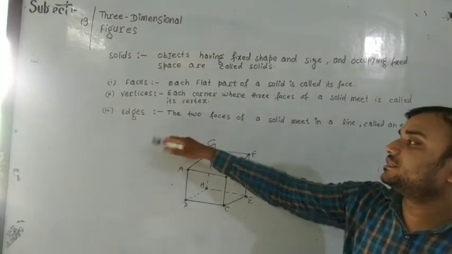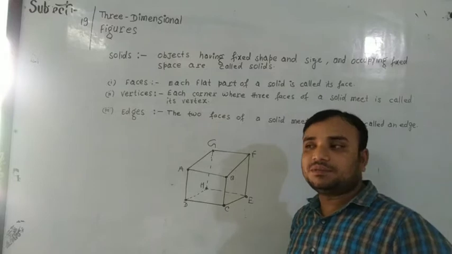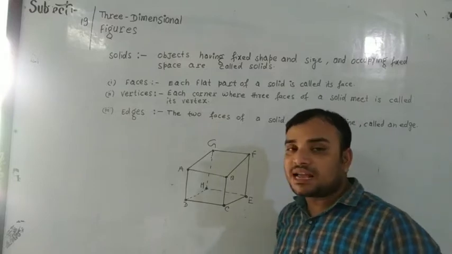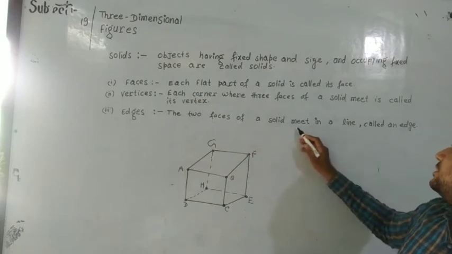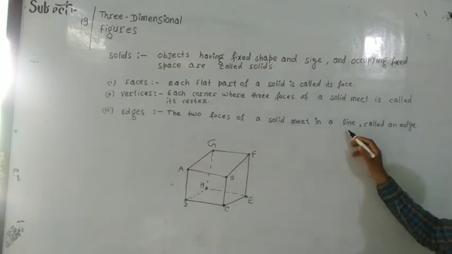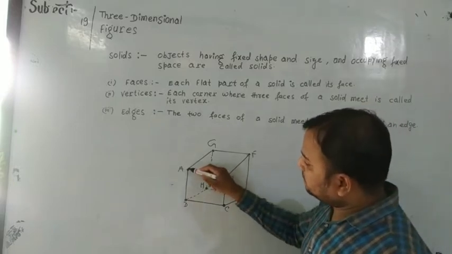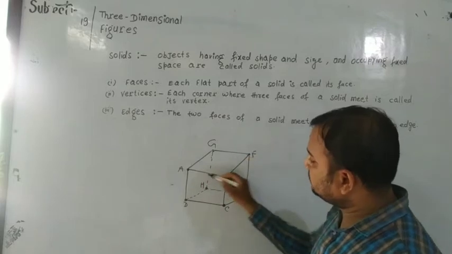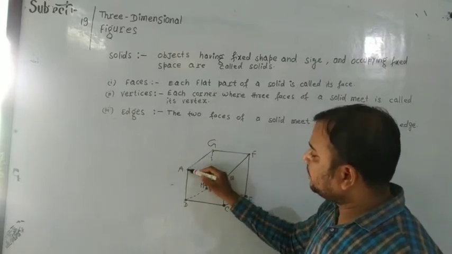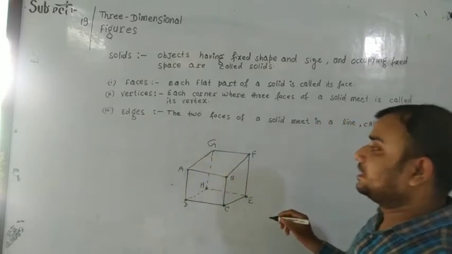Now let's write edge. Edge means line. The line where two faces of a solid meet is called an edge. Two faces, that means this face and this face, meet at AG. So AG is an edge.